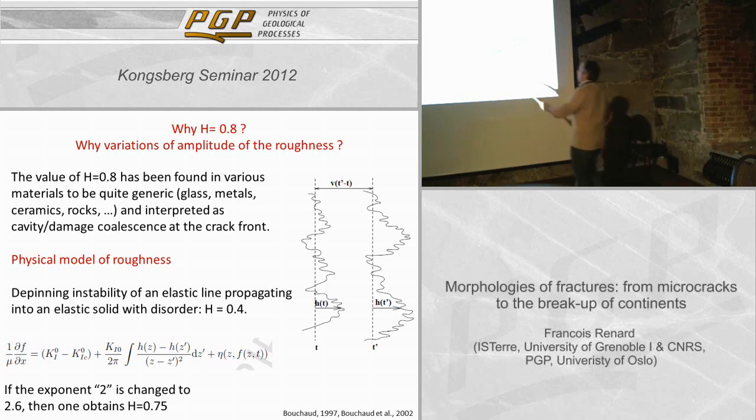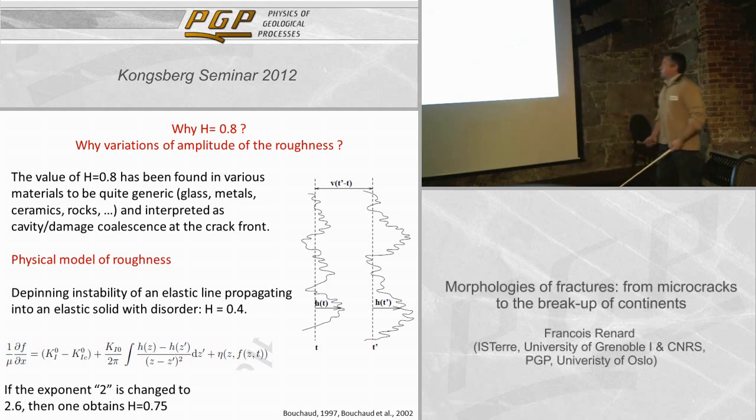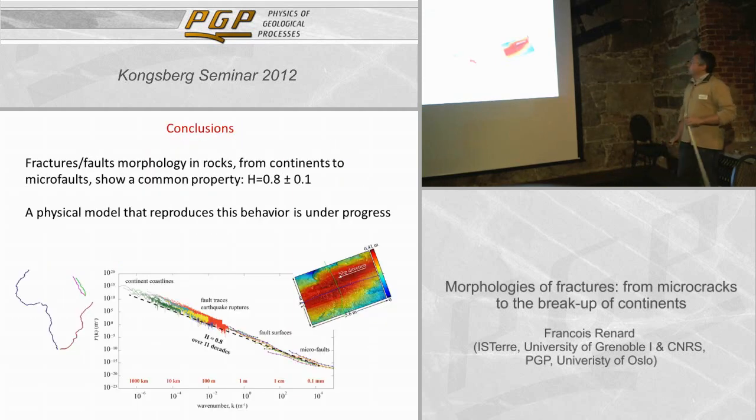So the size of the disorder in the material could be varied, and this roughness scaling could be characterized and was depending on it. So the vertical position of this line was depending on the initial disorder in the system. So the size of the disorder or the kind of disorder in the system should control this amplitude of the topography.